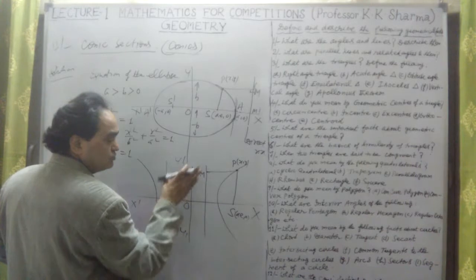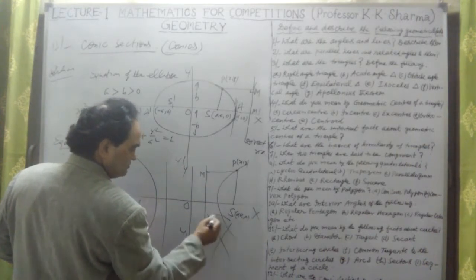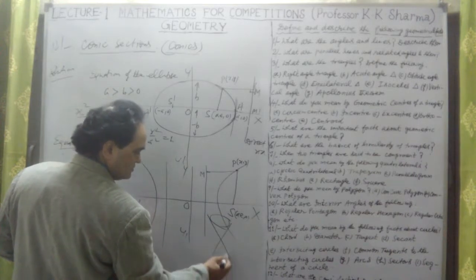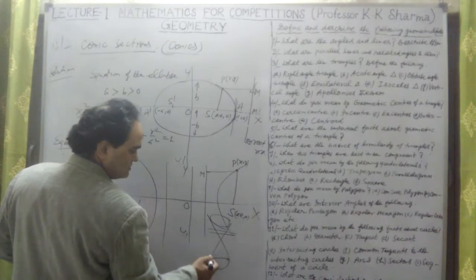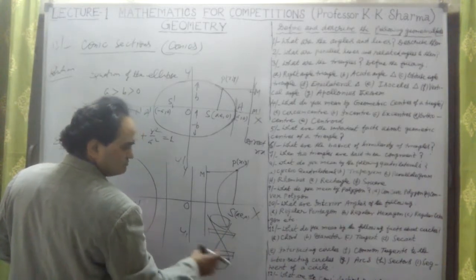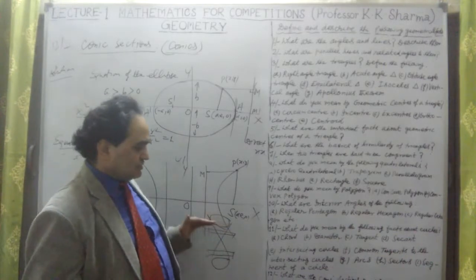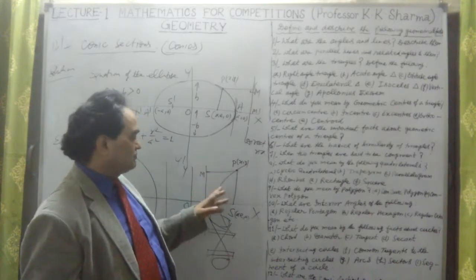Hyperbola is obtained from the two napes of the cone, the conic sections we were talking about. One branch is from this nape and one is from this. Suppose these two planes are intersecting or slicing two portions from these two napes, then the hyperbola is obtained.